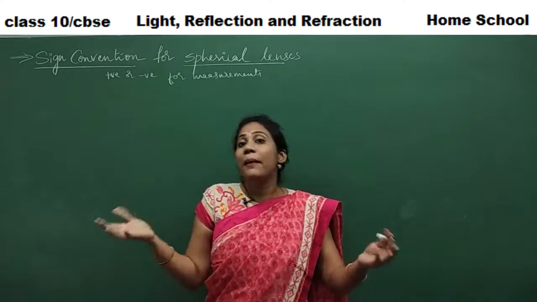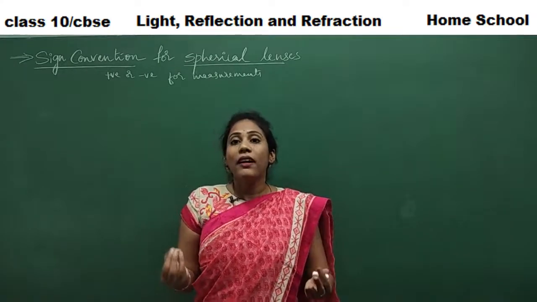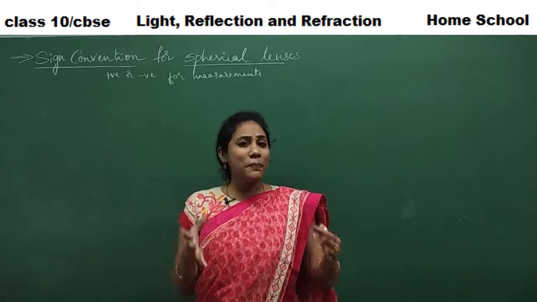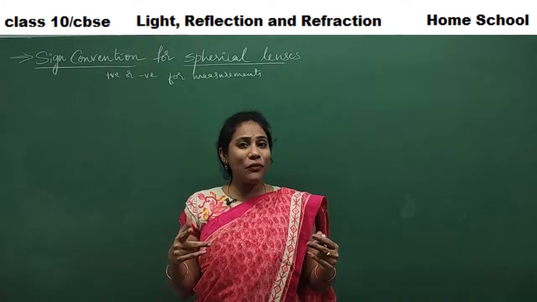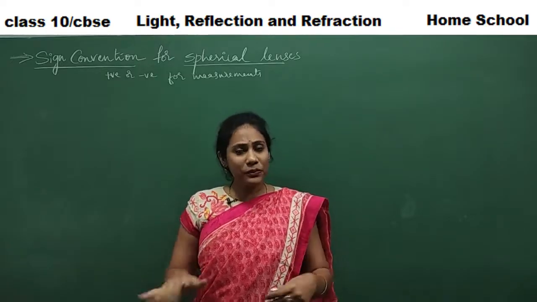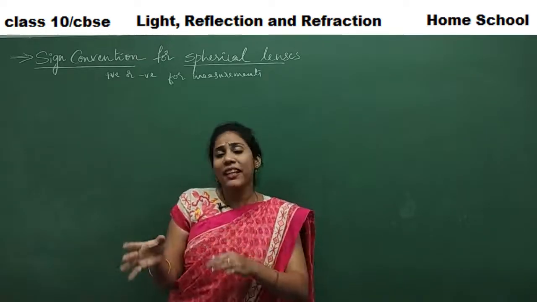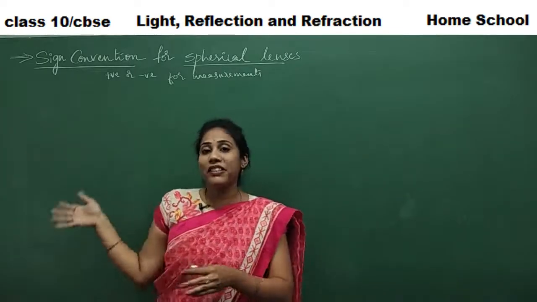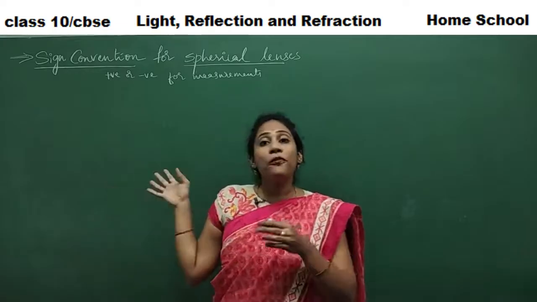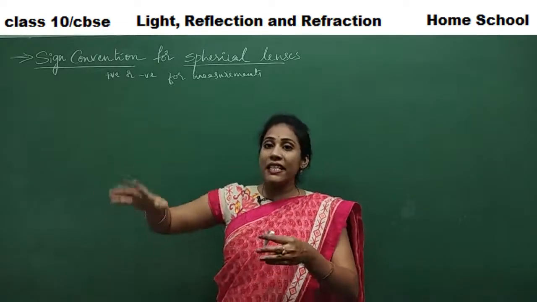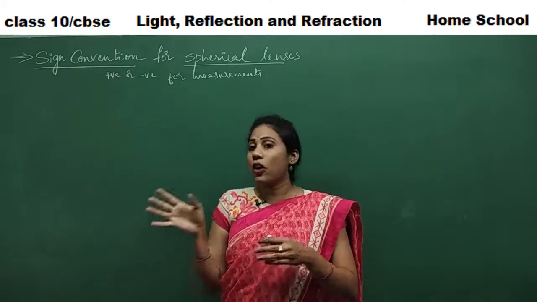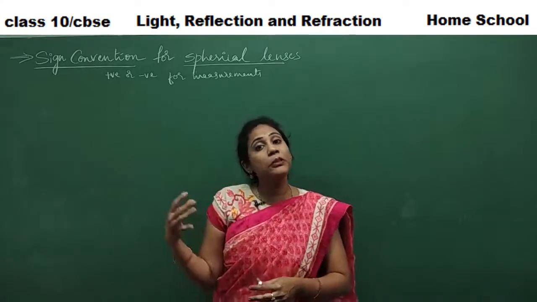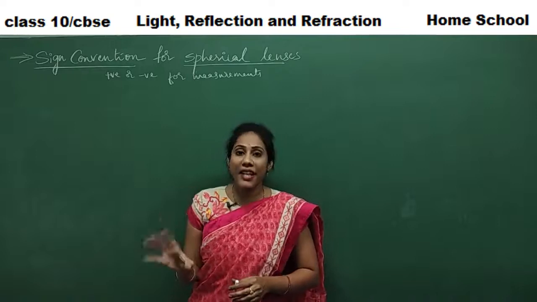All these are the measurements involved in case of lenses. All these measurements are given with a particular sign, just to differentiate on which side the object has been kept or on which side the image has formed, and what the type of image formed is, whether it is erect, inverted, virtual or real. Everything you can come to know with the help of signs.